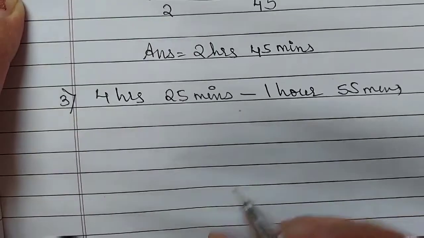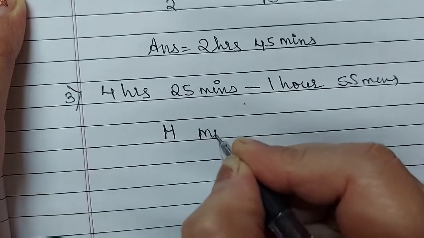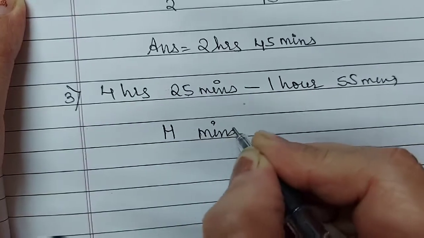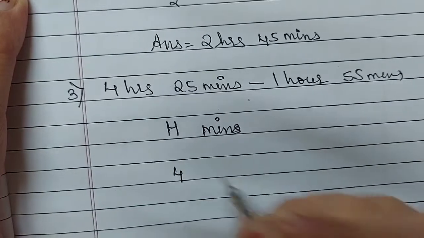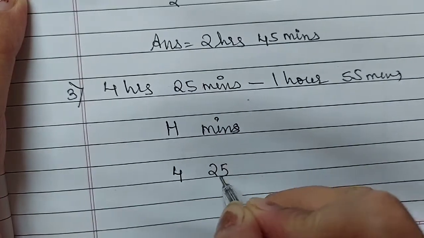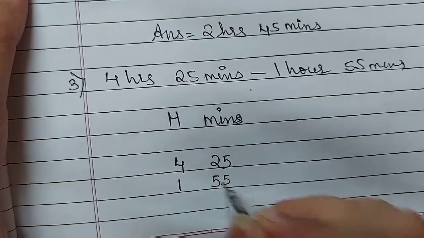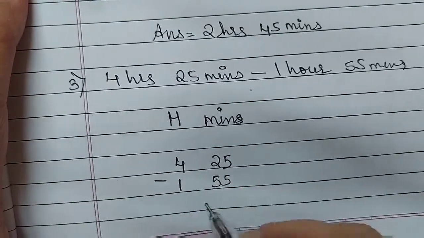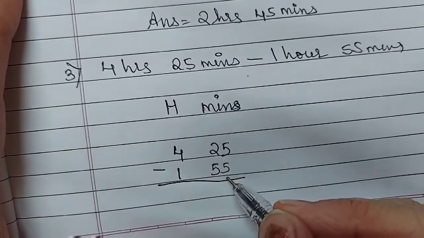So we will write hours and minutes. Right, children? Then leave one line. Write here 4, here 25. Here 1 and 55. The sign is minus. Okay. Now 25 and 55.